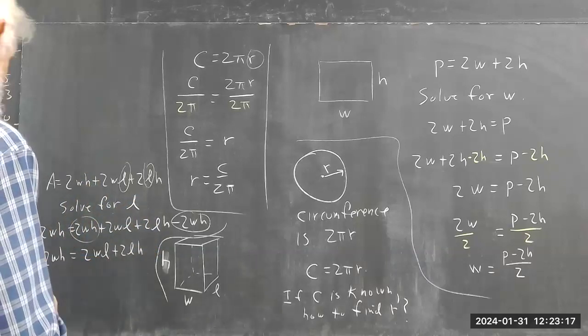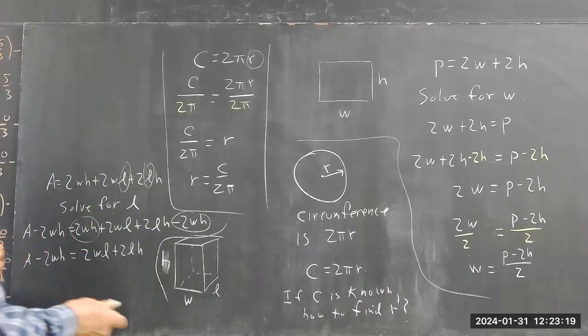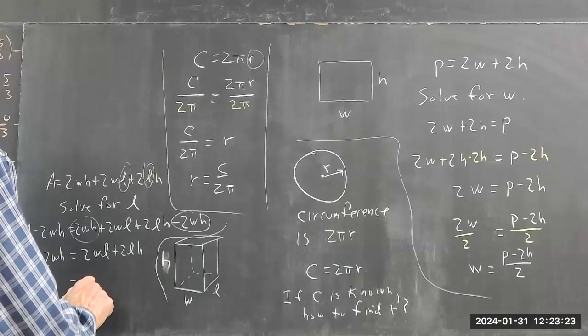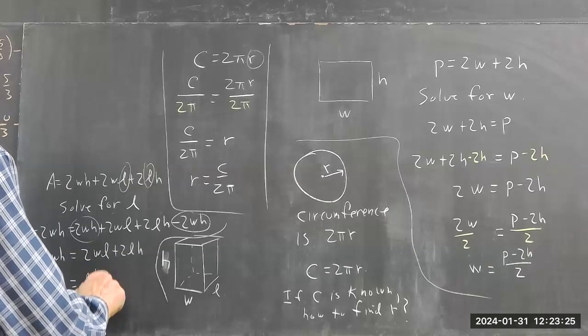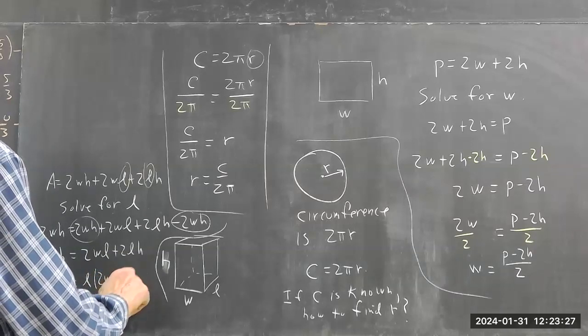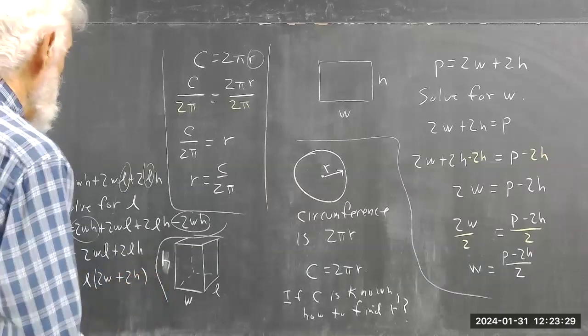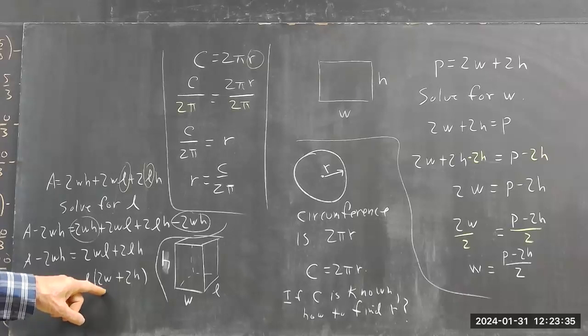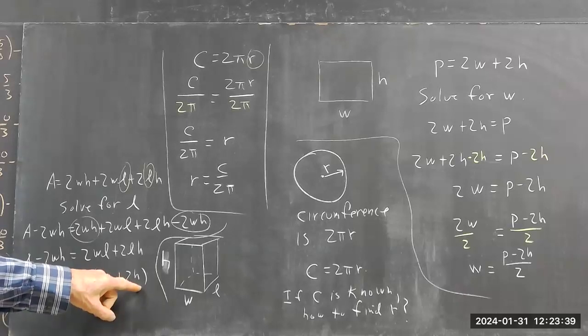Now there's this step that I wish I had a little more time to explain, but I'm going to just tell you that this is equal to L times 2W plus 2H by the distributive law, because if I multiply through here, I'm going to get 2WL, and then I'm going to get 2LH.